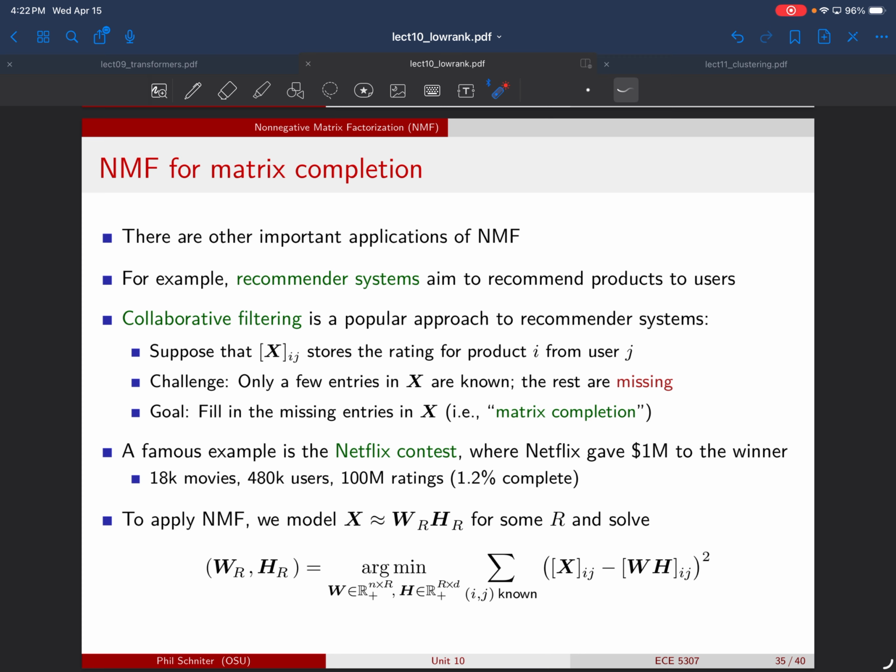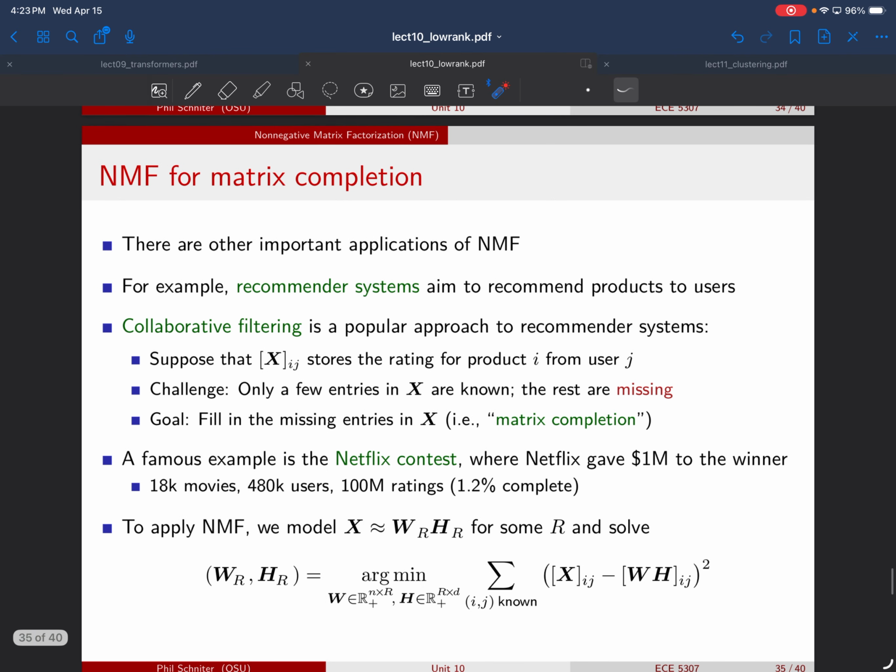Okay, so the winner of the Netflix contest did something a little bit more complicated than this, but it wasn't that much more complicated than this. This actually scores pretty well on the Netflix contest, this idea. All right, so that's just another thing you can do with NMF.